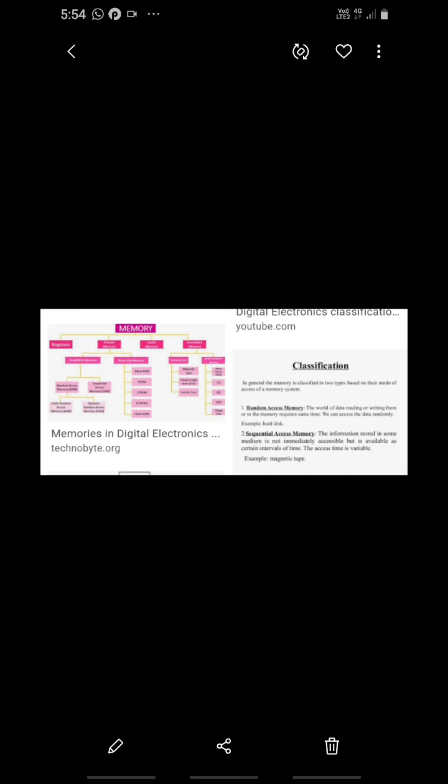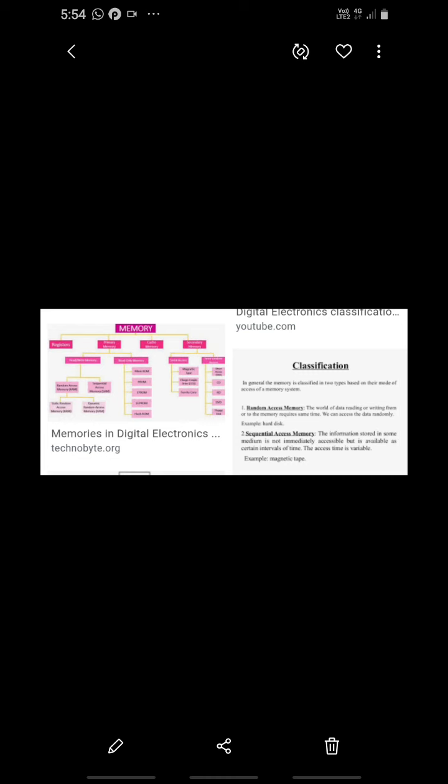According to the active device used, the memories are classified into two types: bipolar memories and MOS memories, metal oxide semiconductor memories.